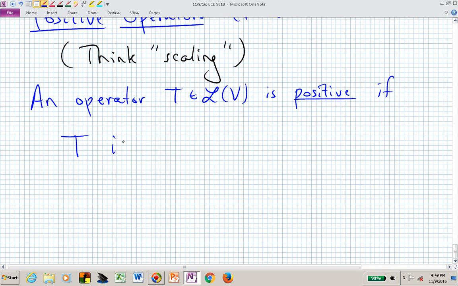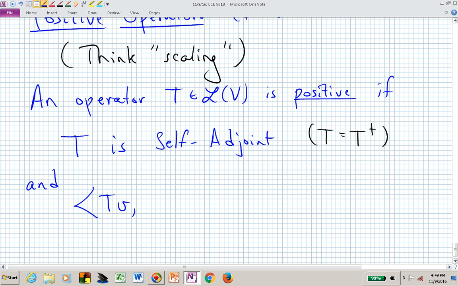If T is self-adjoint, which really just says that T is equal to its adjoint, and we need the inner product of T operating on V in the first slot, and in the second slot the vector V itself, we want that to be non-negative for all V an element of V. And really, you might think of this more accurately as saying this operator is a non-negative operator, but we're fixed with the terminology, and it's just referred to as a positive operator.